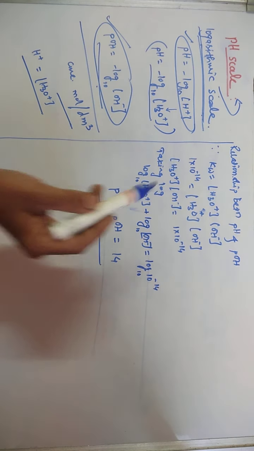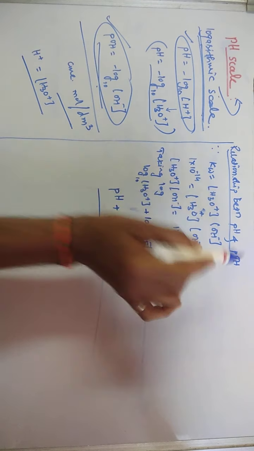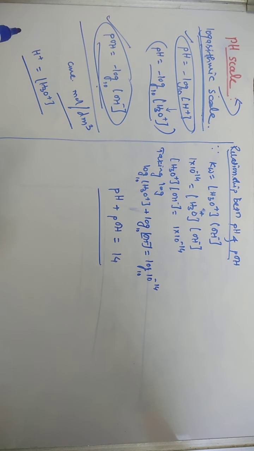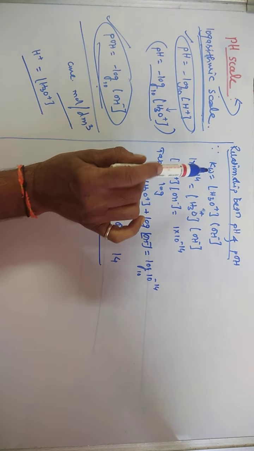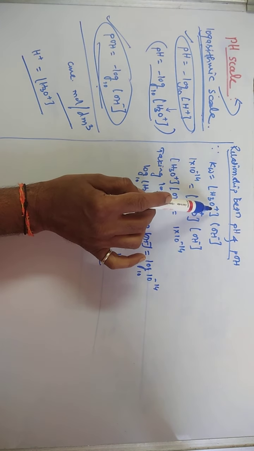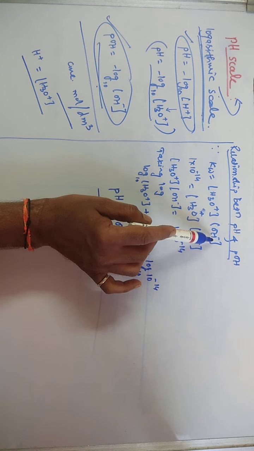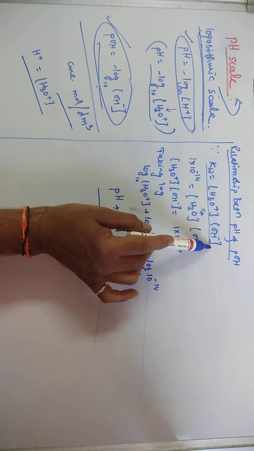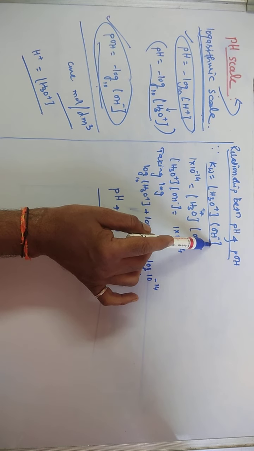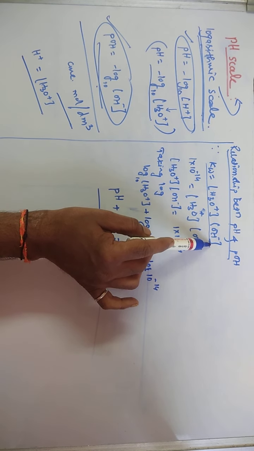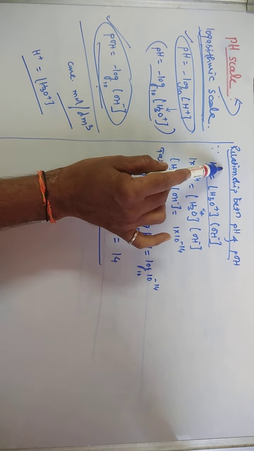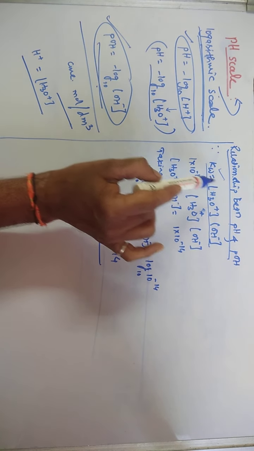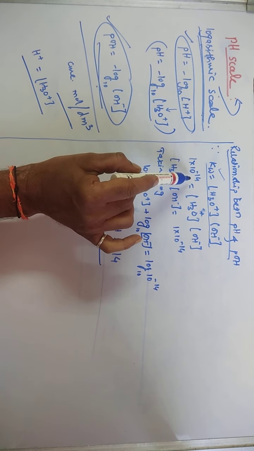Now the next point is the relationship between pH and pOH. Let us see how it is expressed. Kw equals H3O+ concentration times OH- concentration, that we have seen. This is the ionic product of water, which we saw in the previous point, and its value Kw is found to be 1 into 10 raised to minus 14.